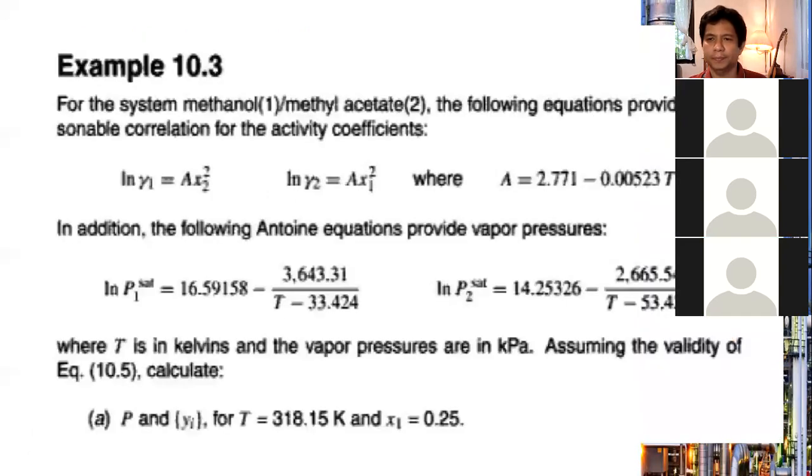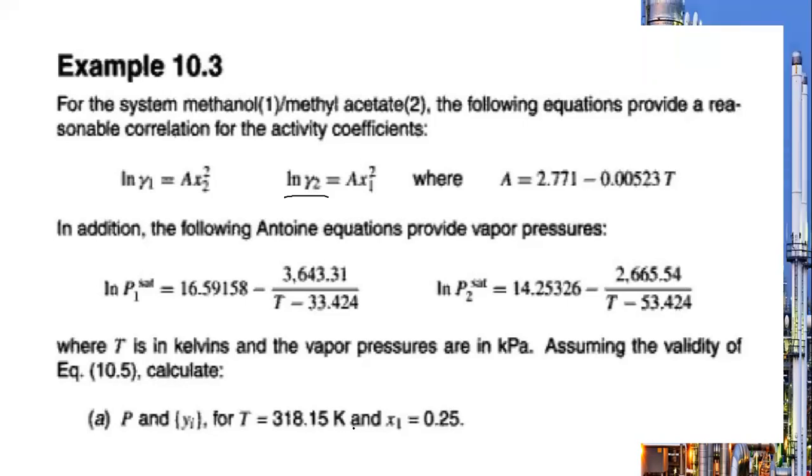Here is our problem. For the system methanol, number 1, and methyl acetate, number 2, the following equation provides a reasonable correlation for the activity coefficient. ln gamma 1 is equal to A X2 squared, and ln gamma 2 is equal to A X1 squared, where A is equal to 2.771 minus 0.00523 times T. T is the temperature, given below: T is equal to 318.15 Kelvin.